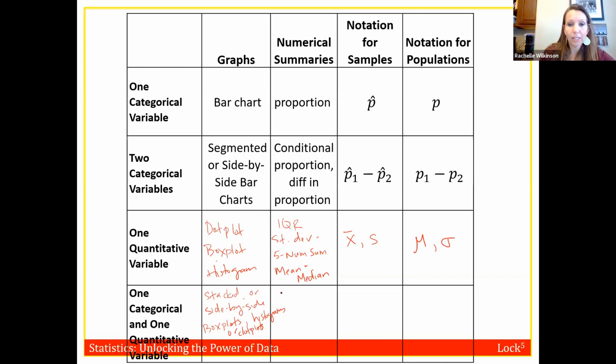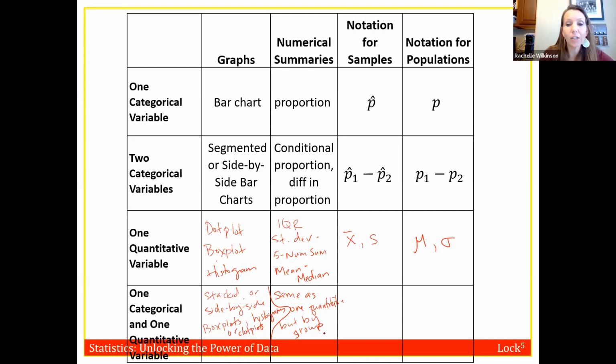I'm just going to say same as one quantitative, but by group, that's shorter to say. So we're still looking at the means or 5-number summary, just separately for each group.